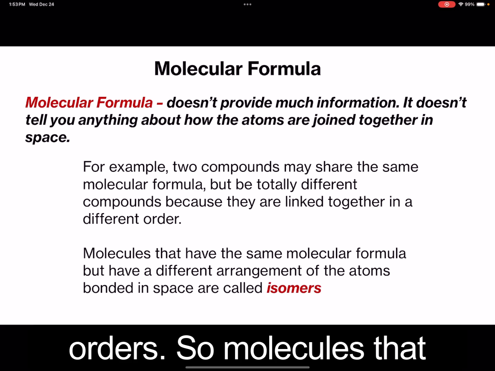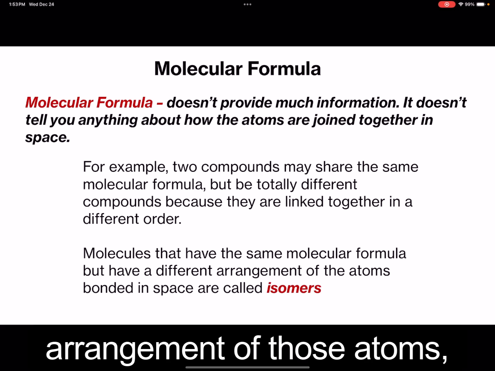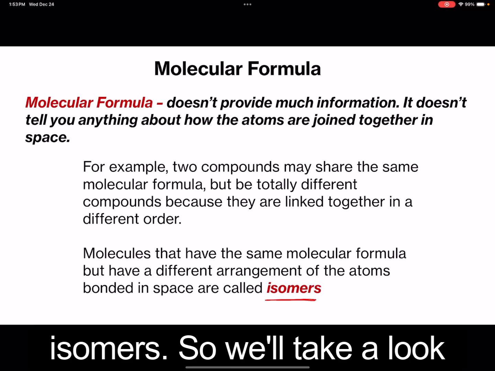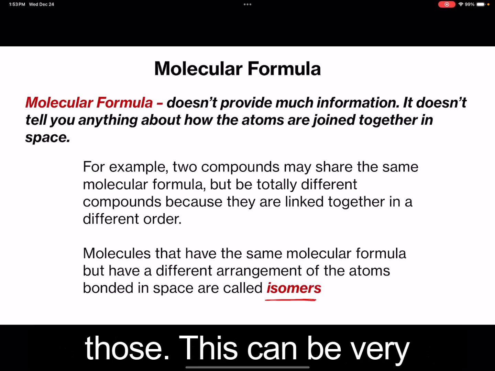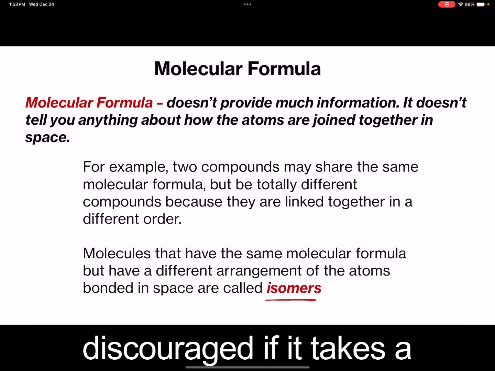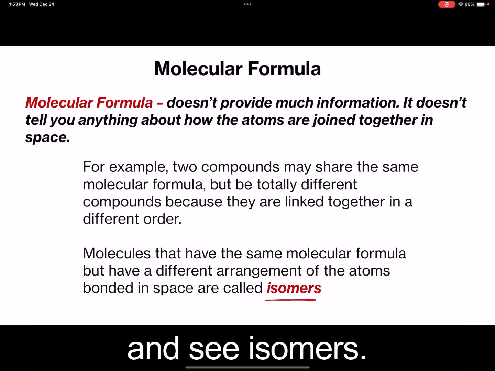So molecules that have the same molecular formula, but have a different arrangement of those atoms bonded in space are called isomers. So we'll take a look at some of the common types of isomers that exist and how to start recognizing those. This can be very challenging, so don't get discouraged if it takes a while to be able to recognize and see isomers.